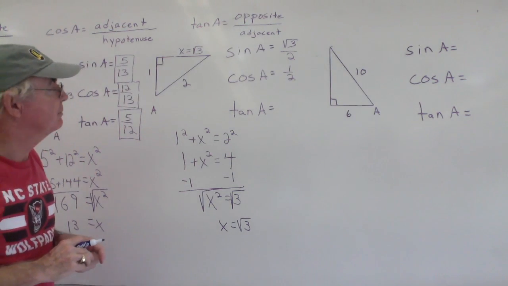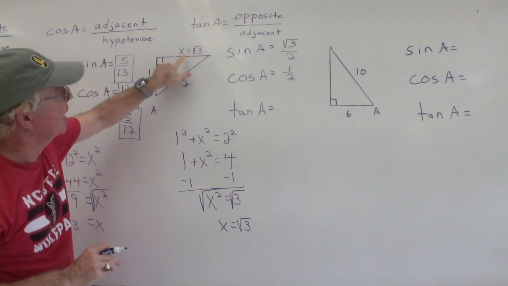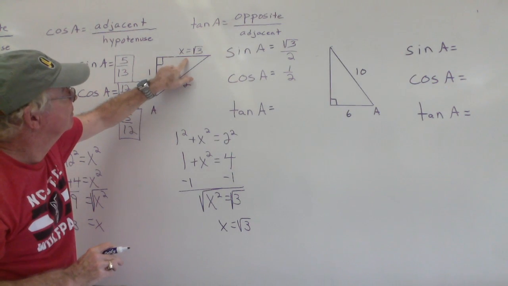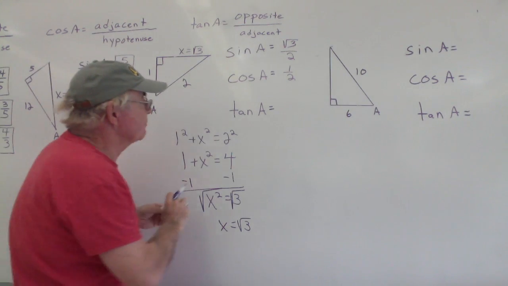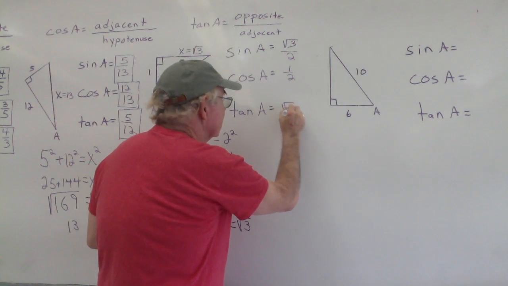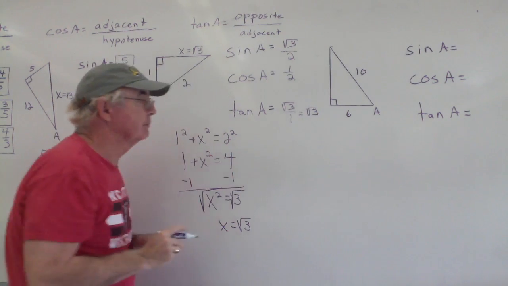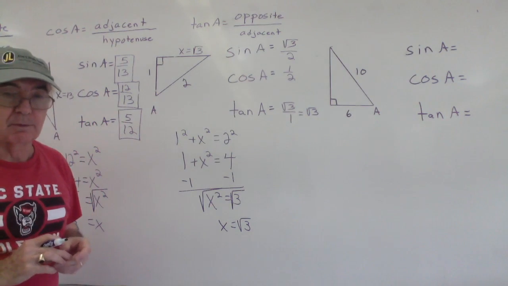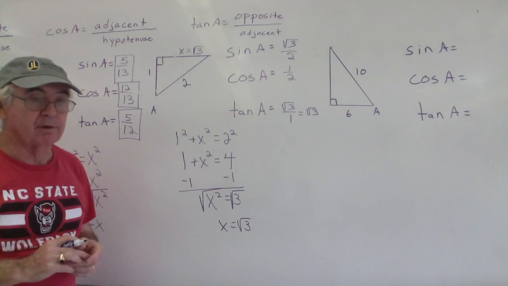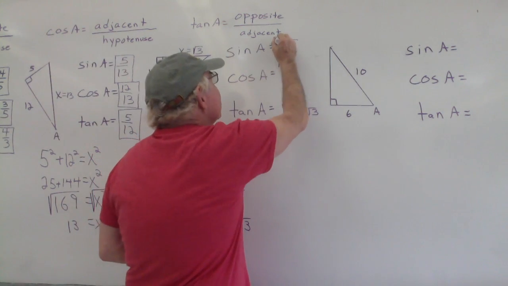And the tangent of angle A is the opposite over the adjacent. Square root of 3 over 1, which you could just write as the square root of 3. And that'll be a triangle that you will see a lot of in the future. So there's our 3 trigonometric ratios.